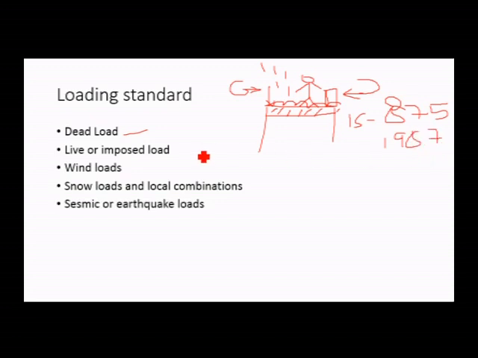And live or imposed loads. Live or imposed load is a transient load changing with the time due to people using the structure. These are prescribed in IS 875 1987 part 2 and are given in a table which is there in further slides.